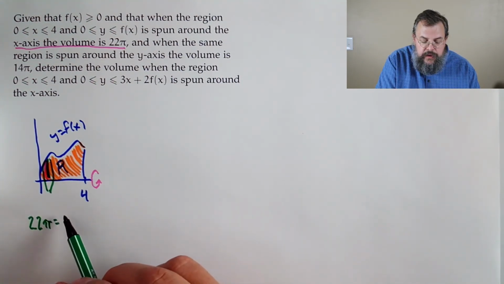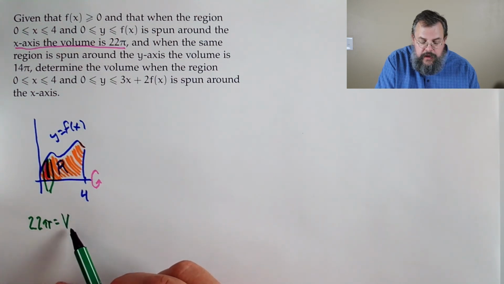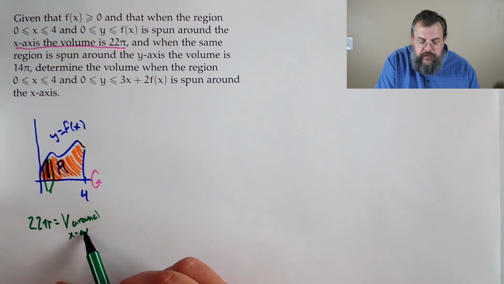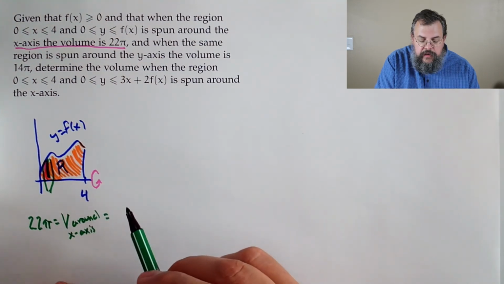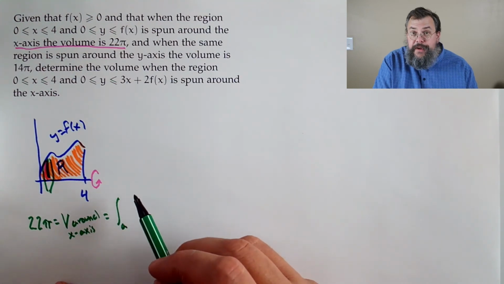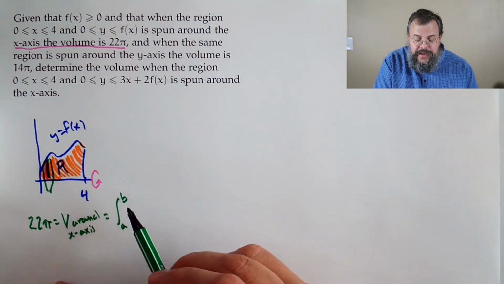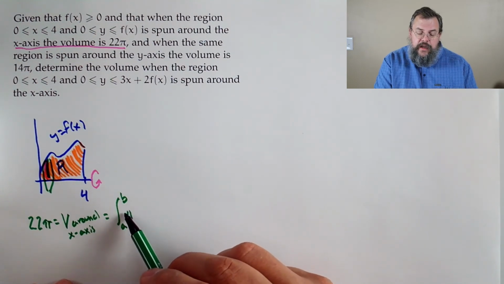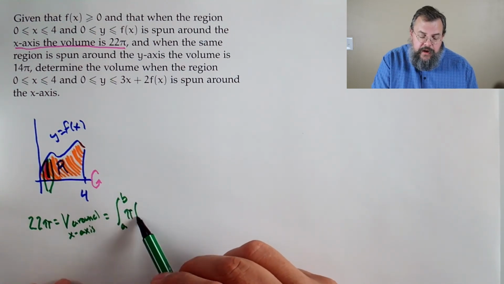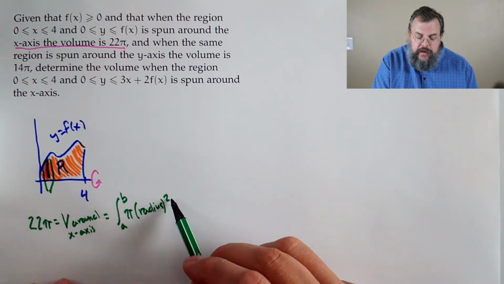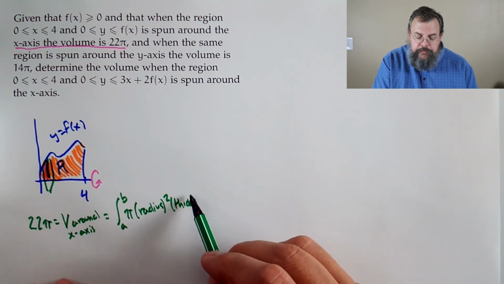All right, so we have that 22 pi is equal to, well, the volume around the x-axis, which is, we're going to go from adding up, which means integration, start to finish, those are the bounds, and then we're going to use our disk method, pi times our radius squared times our thickness.